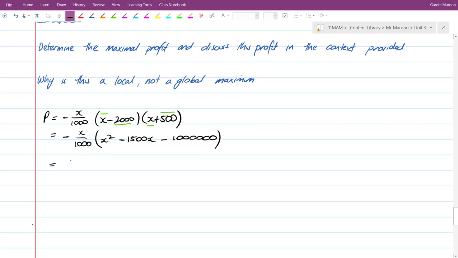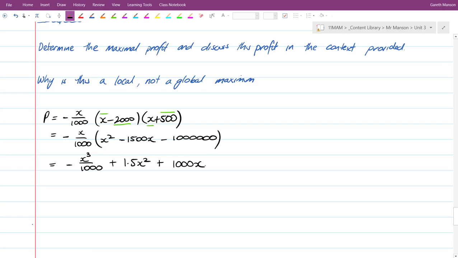So when I expand this, I get negative x cubed over 1000. And then a negative times a negative gives me positive 1.5x squared, because 1500 divided by 1000 gives 1.5. And then I get positive 1000x, because a million divided by 1000 is 1000.